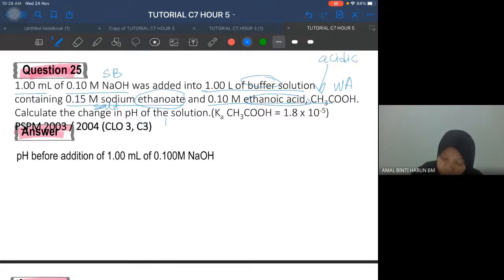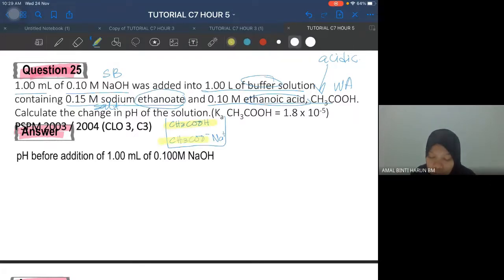Okay, so dalam ni ada apa? Dalam buffer kita ni ada ethanoic acid and then kita ada sodium ethanoate. Okay. So we just focus on the presence of weak acid and the salt. Okay. Now we need to identify which one is the acid component and the base component.